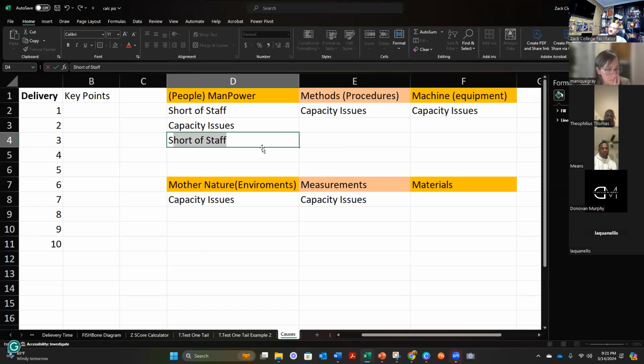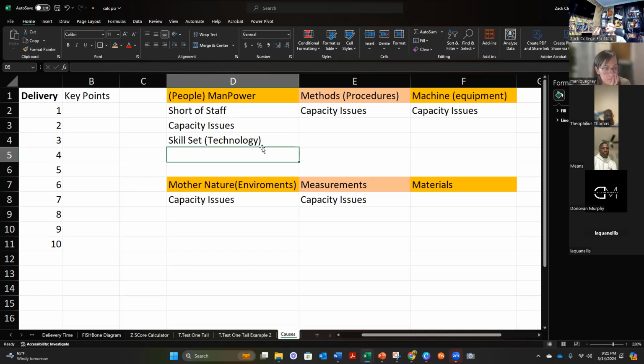Skill set, we'll say technology wise. And then we could also say skill set is what? Maybe soft skill wise. There were age restrictions too.